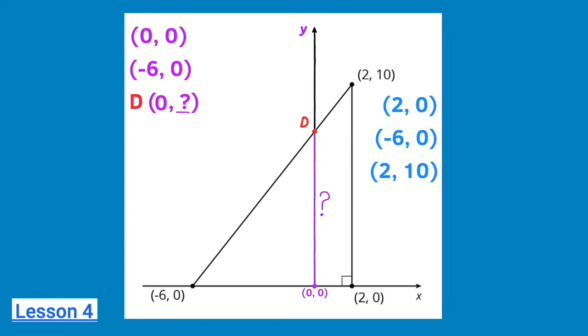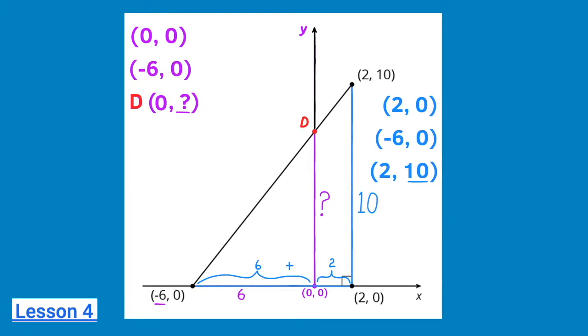That'll help me figure out the coordinates for point D. The coordinate of the blue triangle that says (2, 10) tells me that this side length is 10 units tall. And to figure out the length of the base of this blue triangle, I'd have to figure out the length of the purple triangle's base, which is the absolute value of -6, or 6, plus another length of 2, and the blue triangle has a base length of 8.